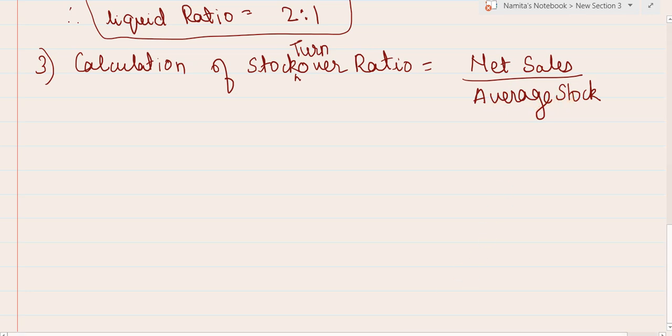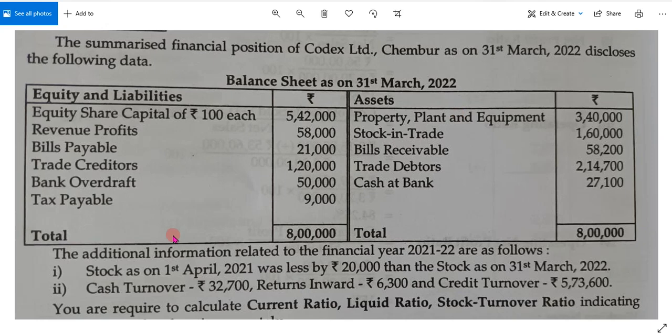Now here in this example we need to calculate net sales and we need to calculate average stock. For average stock we need opening stock and closing stock. For calculation of net sales we need cash turnover, sales return inward and credit turnover, which are given in the additional information.